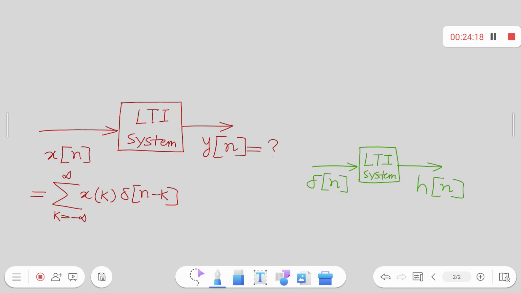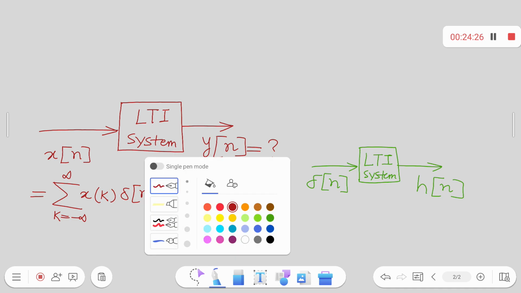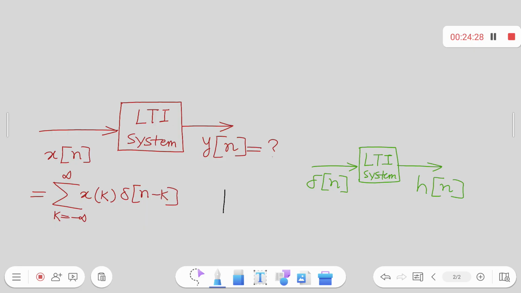Now, what is your input? Not delta n, rather delta n minus k. So let us assume that you have the system characterized by h of n, and the input is delta n minus k. What should be the output?